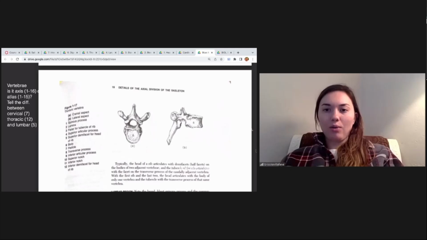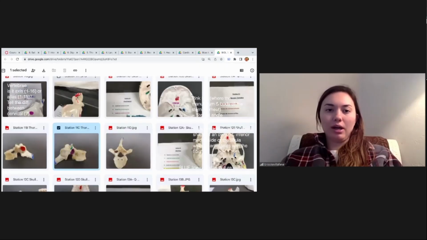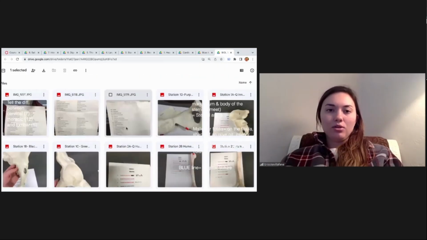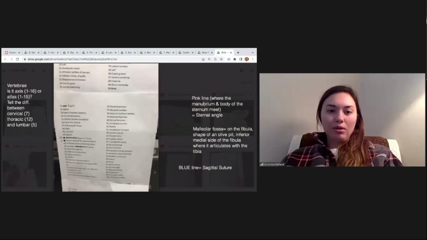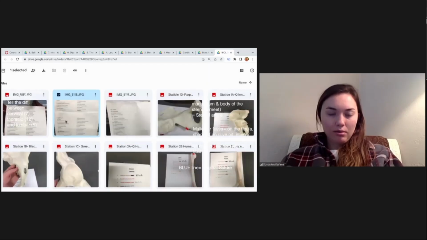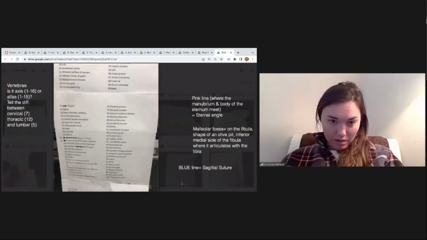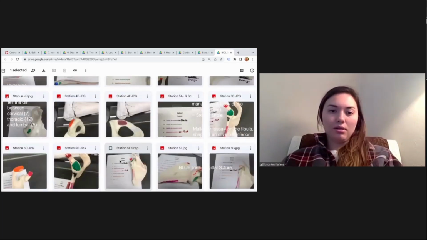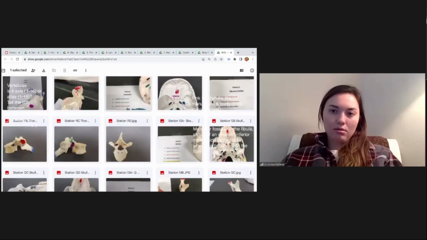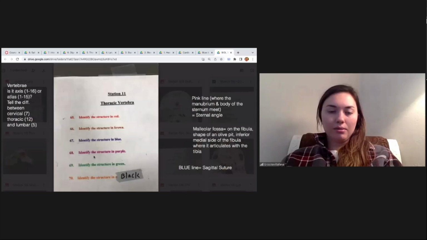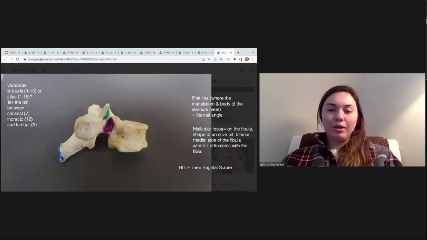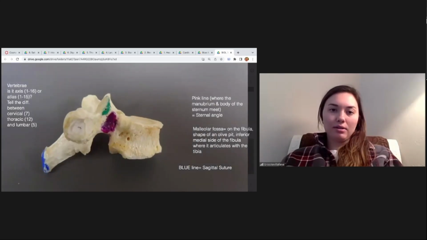It helps because then you can see how it's actually going to be colored in for the exam. That was our green, number 69, superior articular process. If we go to number 69, right here, superior articular process on your exam will be colored in like this.